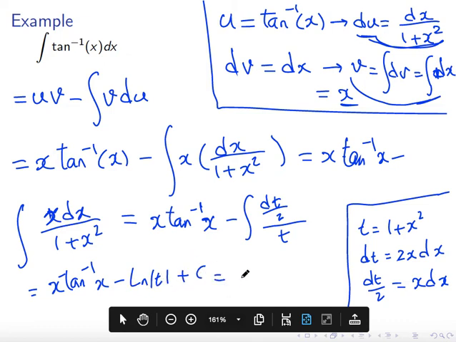So now we have x tangent inverse of x minus 1/2 ln of 1 plus x squared, where we don't need the absolute value because 1 plus x squared is always positive, plus constant c. And that's the final answer of this integral.